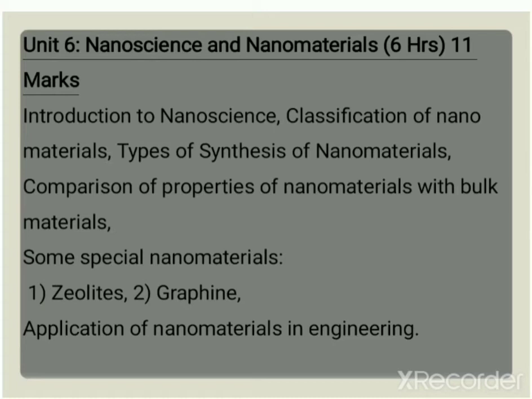Then the types of synthesis of nanomaterials, that is the techniques of preparation. Then the comparison of properties of nanomaterials with bulk materials: what happens when materials change from bulk to nano, and what changes in their properties. Then 2 special nanomaterials, zeolite and graphene. Then applications of nanomaterials in engineering.